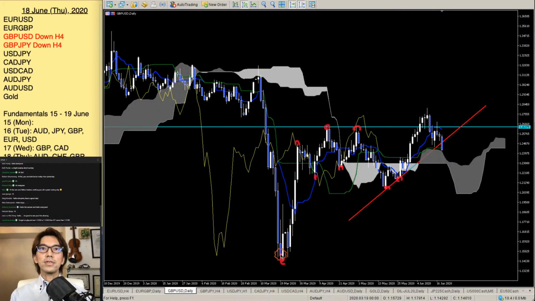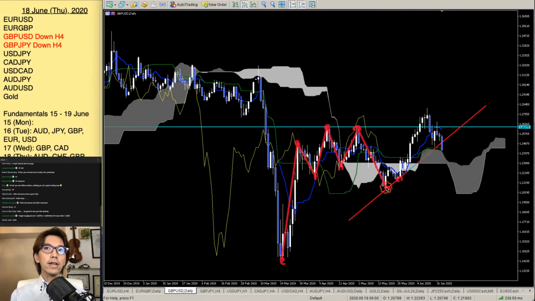In the past the price was going upwards up until this date, but from here it went downwards. But from this date in the middle of May, the price started to go upwards all the way, and now it is going downwards.